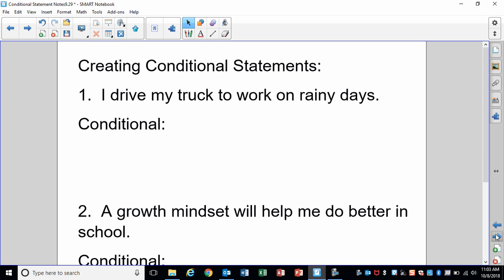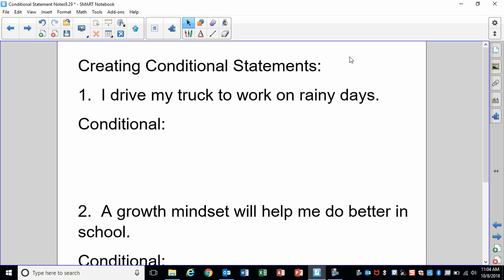When we're looking to create conditional statements, we can take sentences that are not in an if-then form and turn them into an if-then statement. So this first statement says, I drive my truck to work on rainy days.